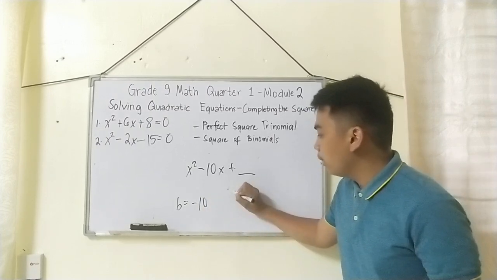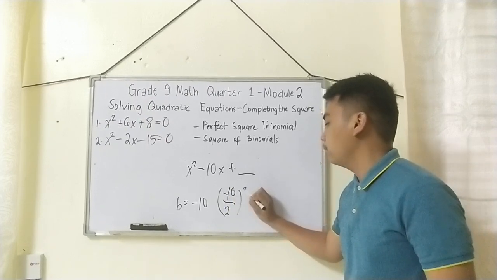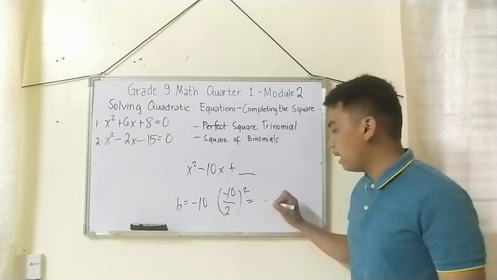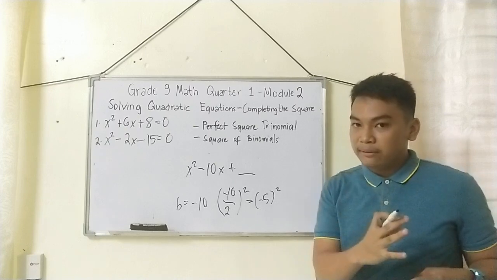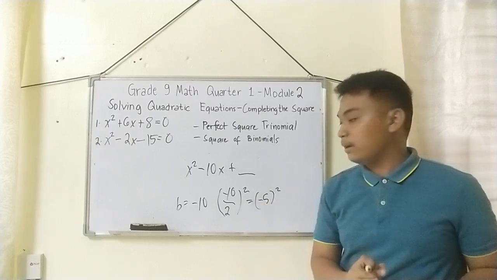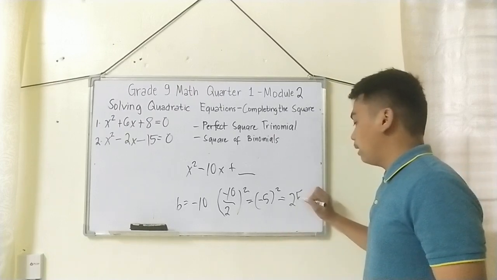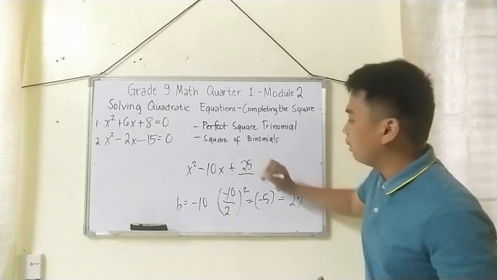Same procedure. We divide 10 by 2, then square the result. So, negative 10 divided by 2 is negative 5, and negative 5 squared. Negative times negative is positive, so the square of negative 5 is positive 25.